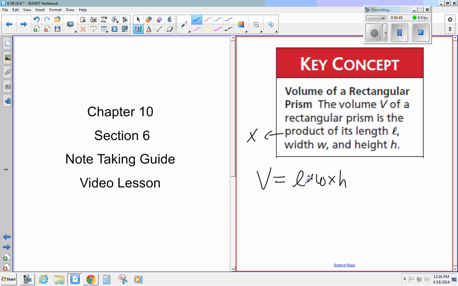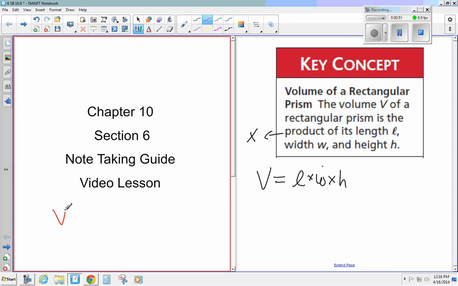If you look at just this part, volume equals L times W, length times width, that's the area, times the height. So if you've got a little square, find the area of it and then multiply by that third dimension, and that'll give you your volume.